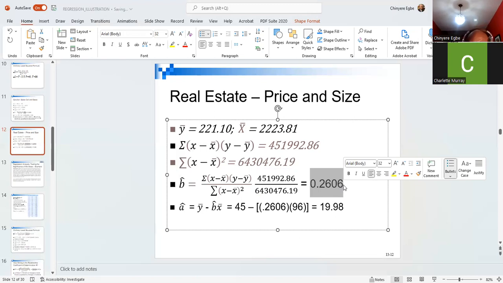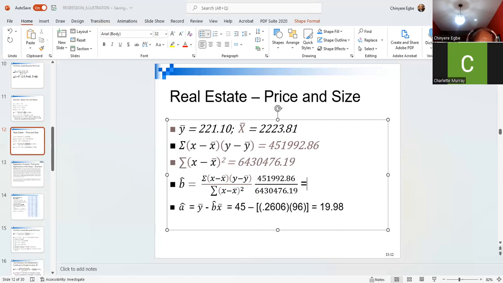What is the result? Do the calculation for me and give me the result. Okay, one second. 451,992.86 divided by 643,0476.19 is 0.070289.